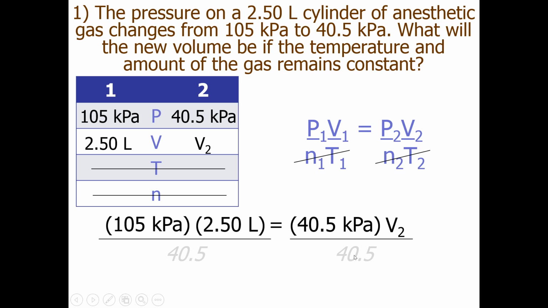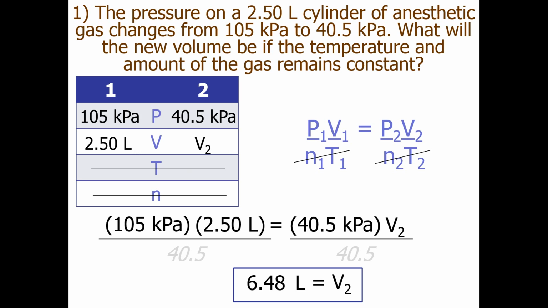Really, we're dividing by 40.5 kPa, but that's okay. And when you put this into your calculator, 105 times 2.50 divided by 40.5, volume 2 is equal to 6.48. We also need to include a unit, as always, and since the unit for volume 1 is liters, volume 2 will also be in liters.